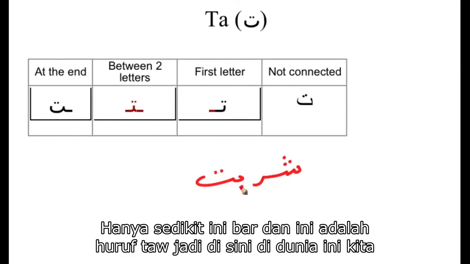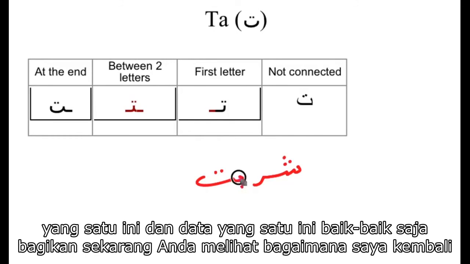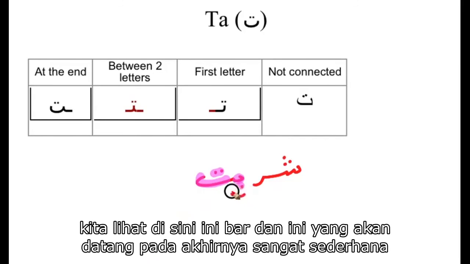So in this word we have two letters we learned already, which are the ba, this one, and the ta, this one. Sharibt. Now you see how the ba comes at the beginning, as we see here. This is the ba, and the ta comes at the end.